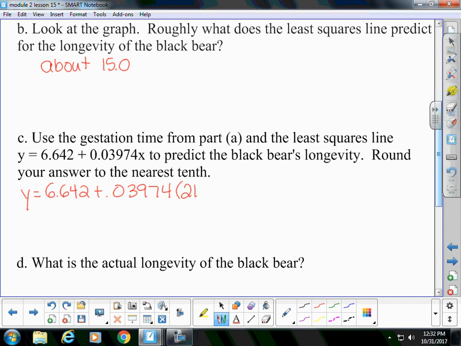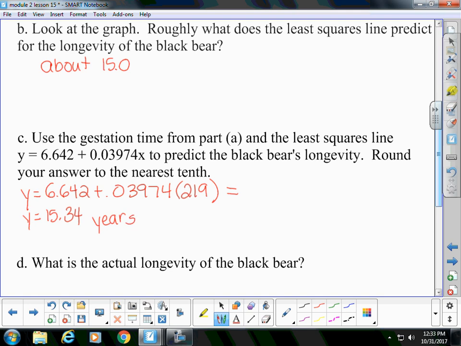Let's see how close my guess was. 6.642 plus 0.03974 times 219 is 15.34, so it's a little higher. So y equals 15.34, and that would be years.